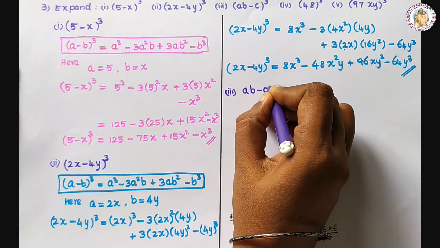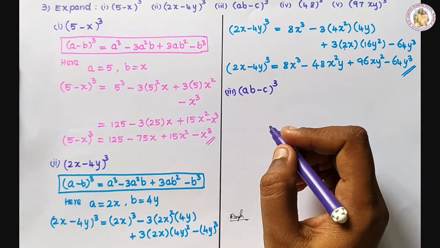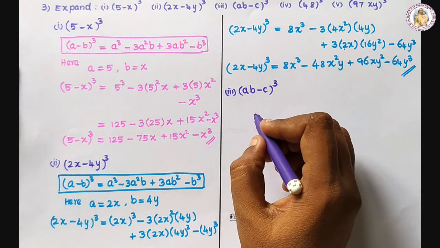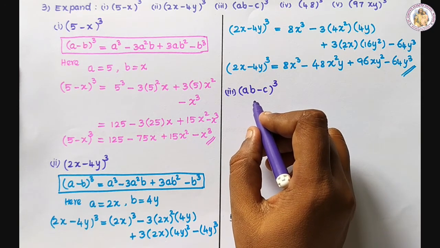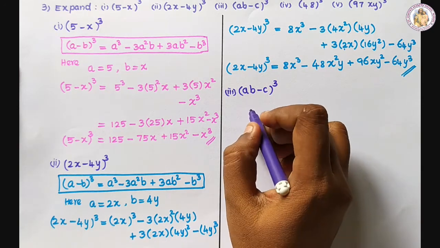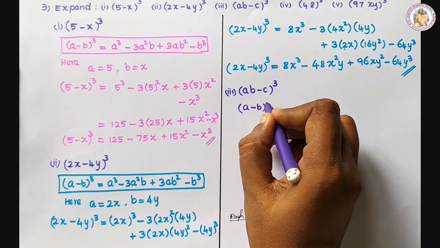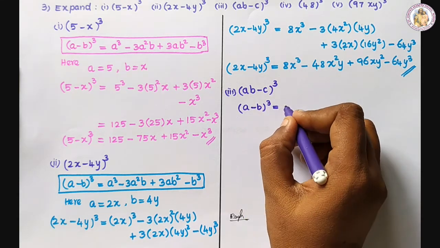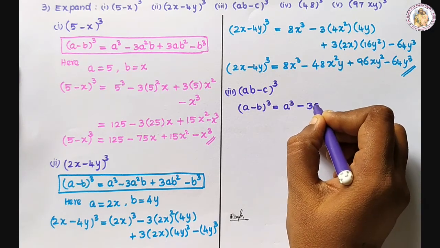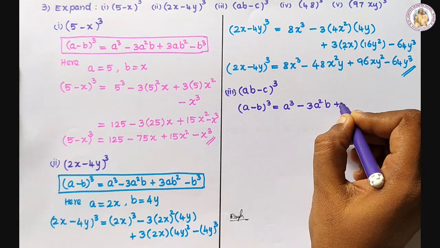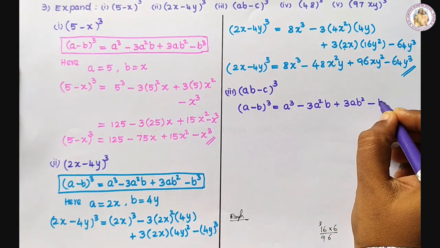Next one. ab minus c the whole cube. Listen, here also they given a minus b the whole cube format. So write down a minus b the whole cube equal to a cube minus 3a squared b plus 3ab squared minus b cube.